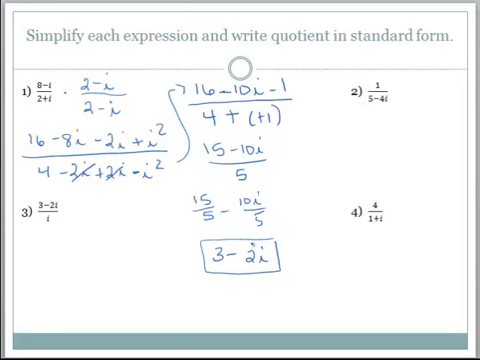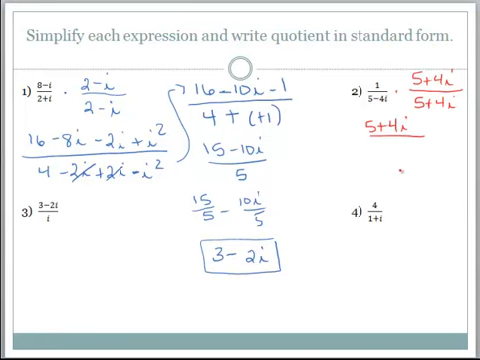Let's go ahead and try number 2. I have a feeling I'm going to run out of room on this one. So let's see, we multiply by the conjugate, we get 5 plus 4i. Well, when you multiply the numerator, you just get 5 plus 4i.